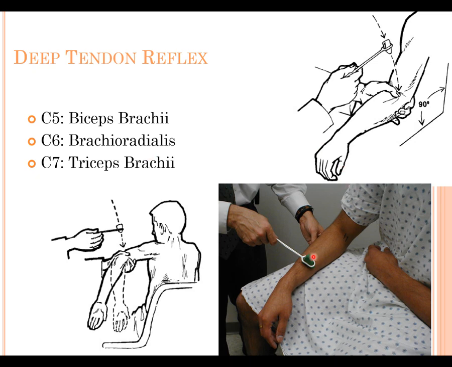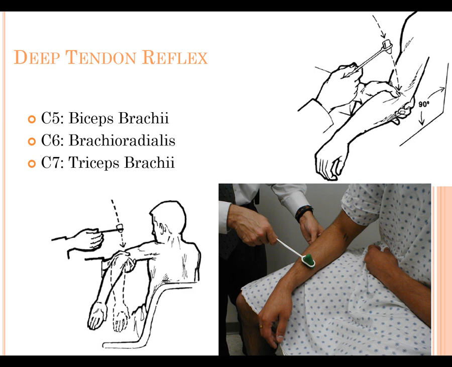C6 is going to be your brachioradialis. I know we haven't had elbow yet, so your brachioradialis does not cross the wrist joint. It's going to start just before the wrist joint at the radial styloid process. Where am I at?